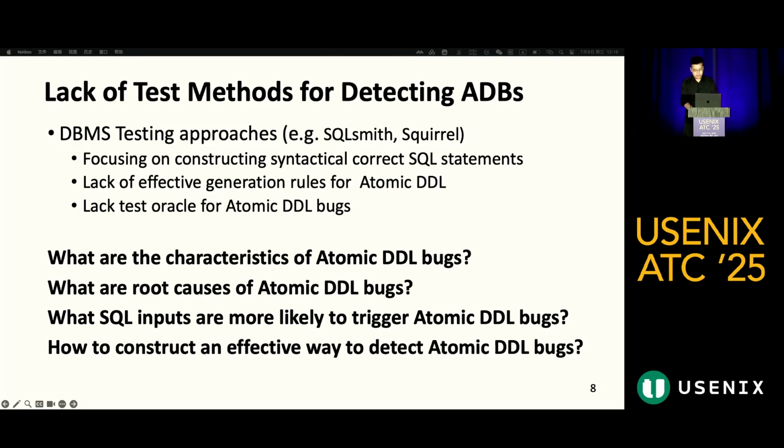Classic DBMS fuzzers and query generators focus on producing syntactically valid queries, but they provide no dedicated mechanisms for crafting inputs that trigger atomic DDL bugs. Moreover, we still lack a systematic understanding of how these DDL bugs manifest and propagate, leaving us without clear test oracles for detecting such bugs.